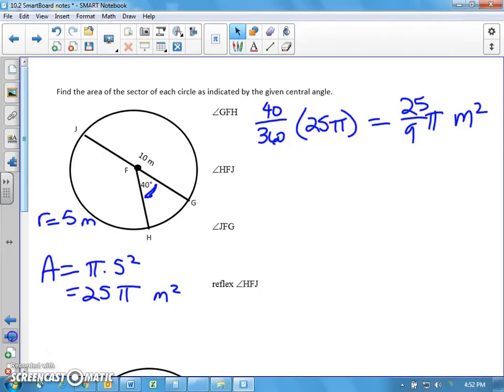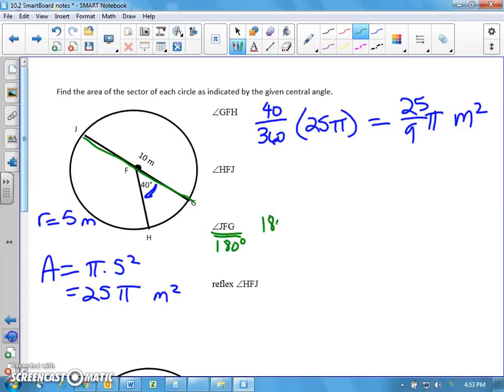Let's jump down and talk about JFG next. JFG, if you look at where this angle is, it is a straight angle because that forms my diameter. So I know that the angle measure here would be 180 degrees because it's a straight angle.